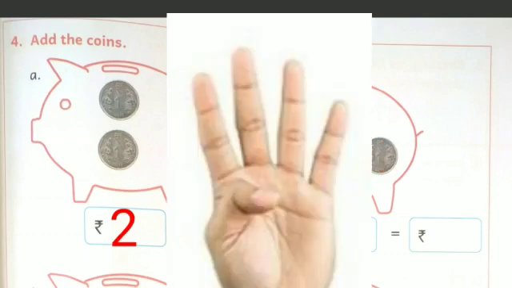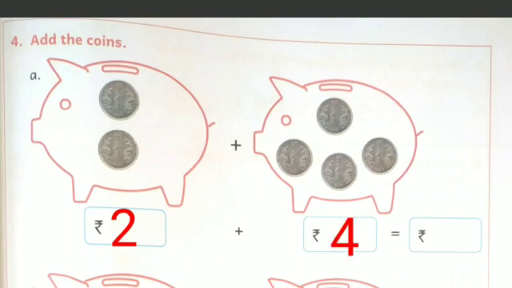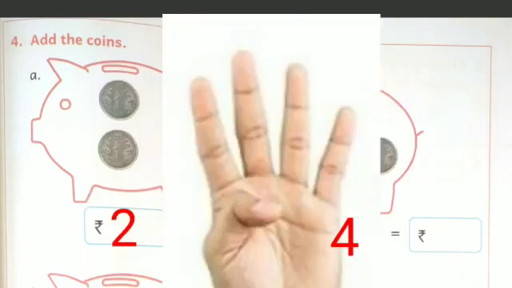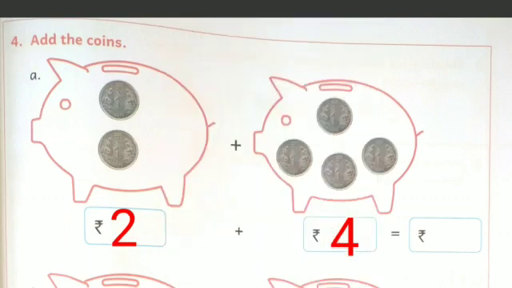It means 1, 2, 3 and 4. So write here rupee 4 in the second box. Now let's add all together. Keep 2 in mind and open 4 fingers. Now count after 2: 3, 4, 5 and 6. So write here rupee 6.